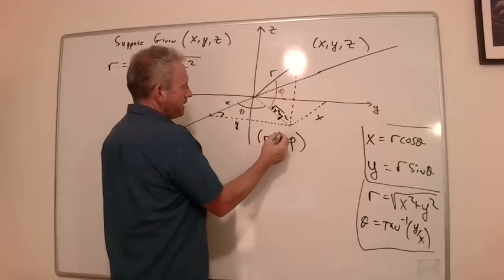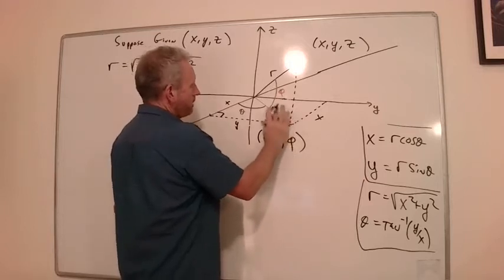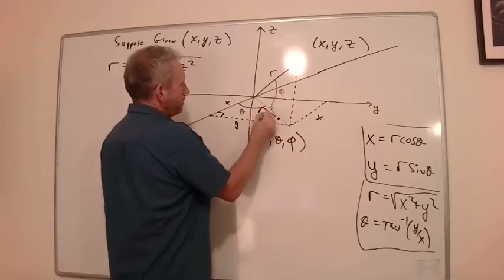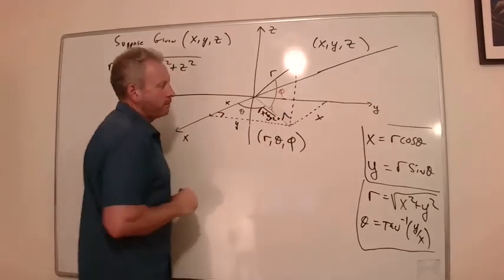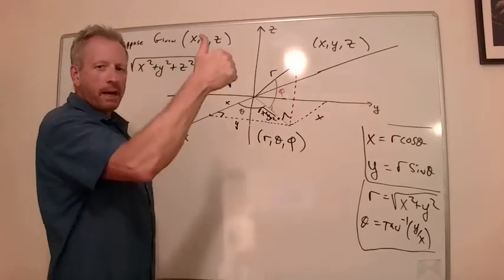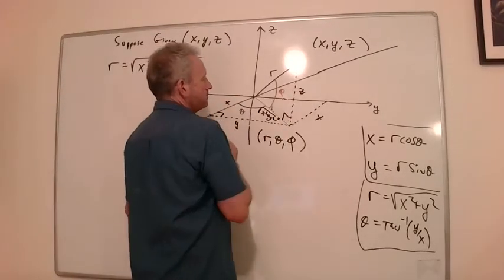Again, this is somewhat difficult to visualize. Let me write it right here: square root of x squared plus y squared. That's a right angle right there, coming up out of the xy plane, and this is z.